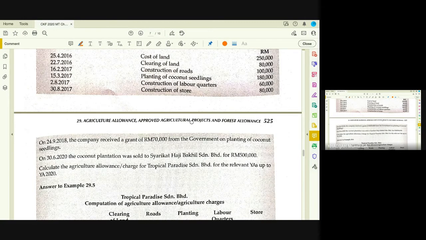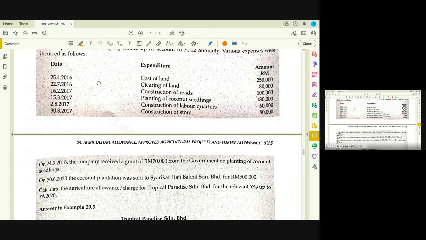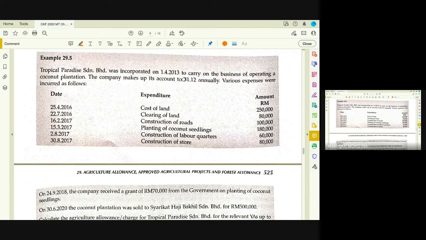All right, so you know that here the year end is 31st of December. Even though it's incorporated earlier, the capex incurred is in 2016, and cost of land is not part of the qualifying expenditure. So in 2016, you have clearing of land of 80,000, and in 2017, you have construction of roads, planting of coconut seedlings, construction of labor quarters, and construction of store.